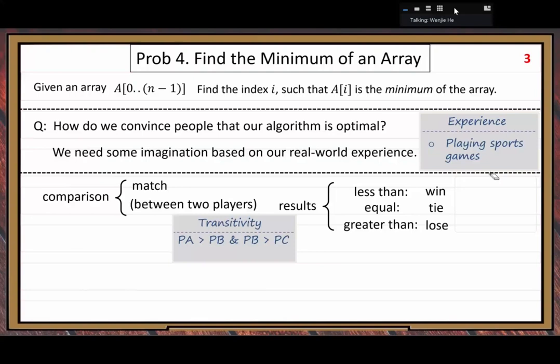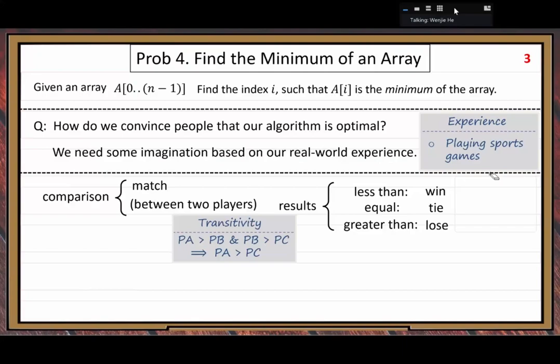If these two inequalities hold, then we automatically have the third inequality: PA must be greater than PC. That's the transitivity property. In algebra, it is always true. So we can apply this property.